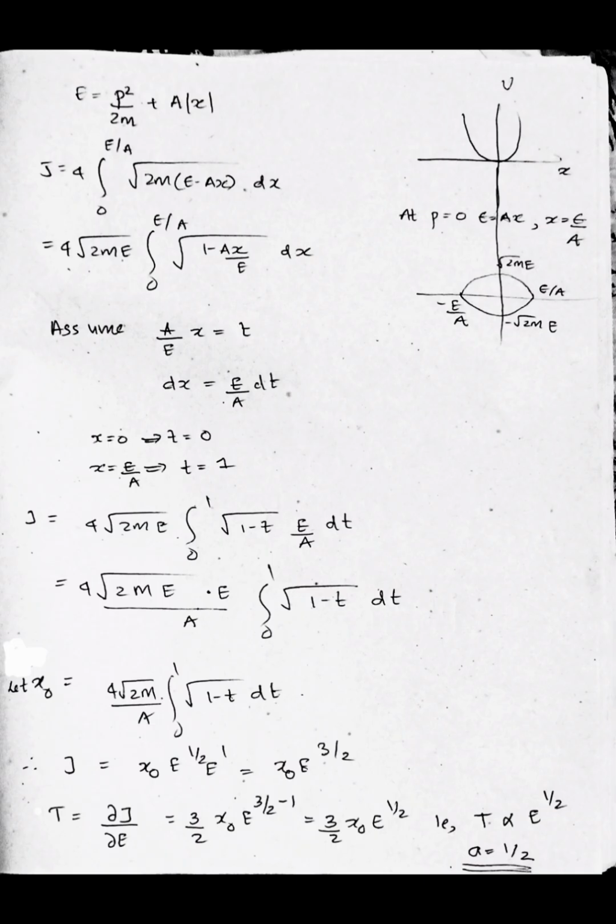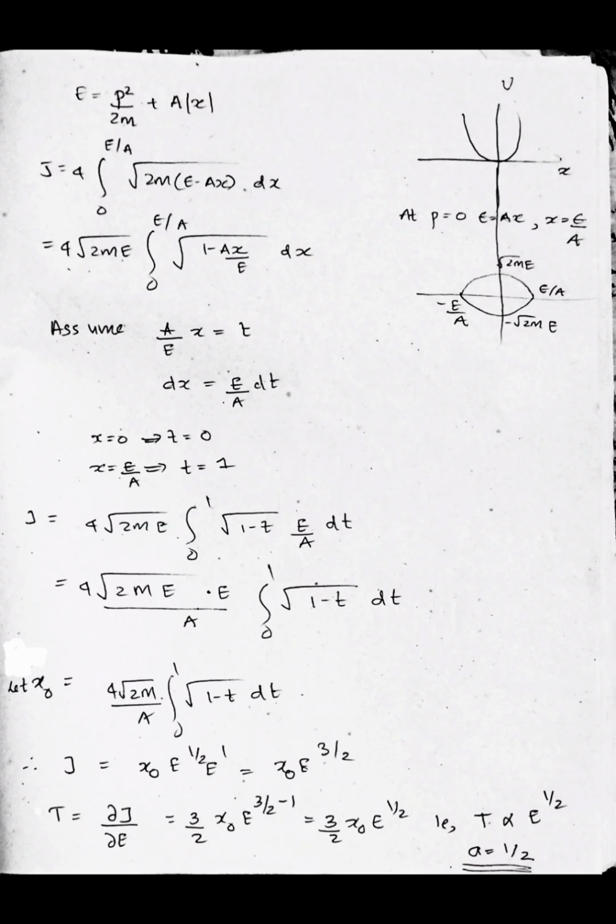Then when x is equal to 0, t becomes 0, and when x is equal to E by A, t becomes 1, so that the integral limits change from 0 to 1, so that J is equal to 4 into square root over 2mE integral over 0 to 1 square root over 1 minus t into E by A dt, that is 4 into square root over 2m into E raised to 1 by 2 into E by A integral over 0 to 1 square root over 1 minus t into dt.